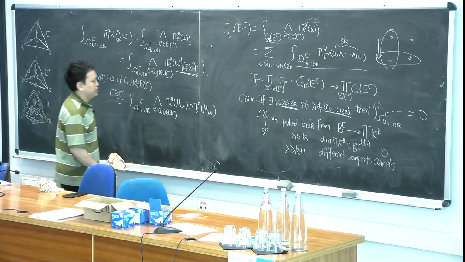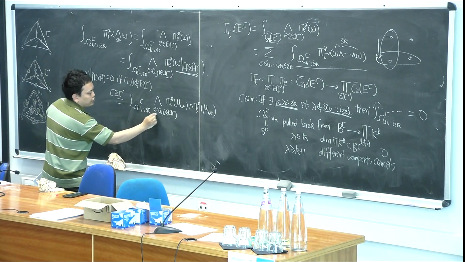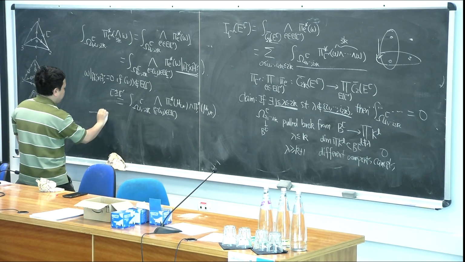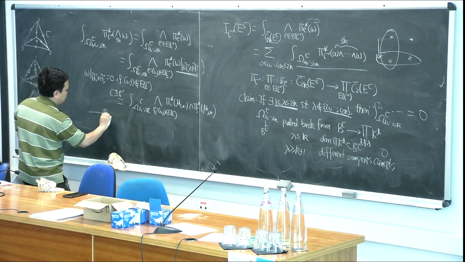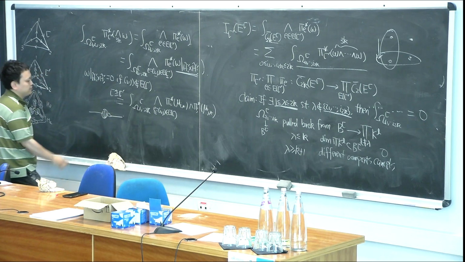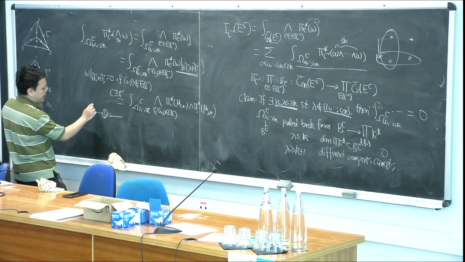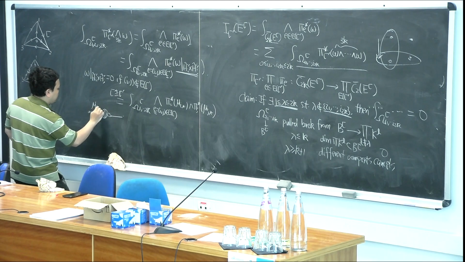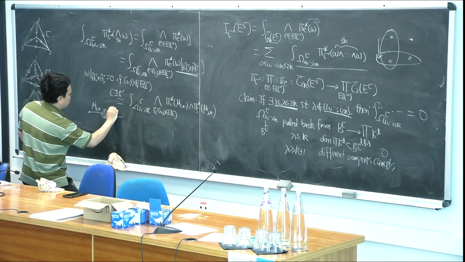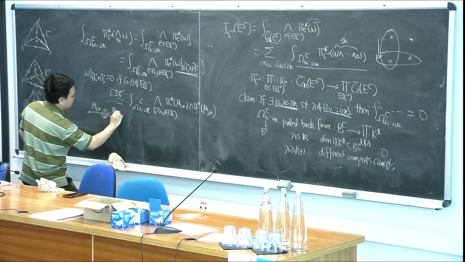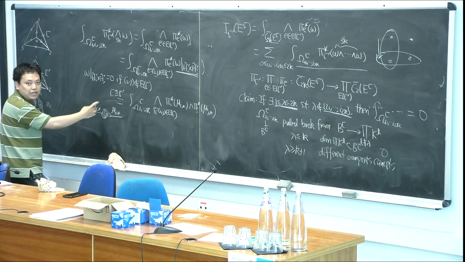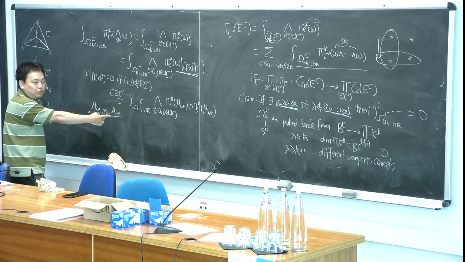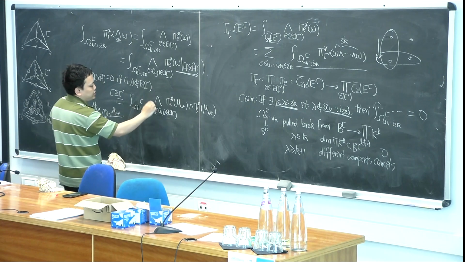Okay, let me explain this. For each edge, remember that the proposition says the propagator has a 2 form, which is I something mu j something. For each edge, we have a 1 form, a 2 form and a 1 form, and we are taking 3k of them.